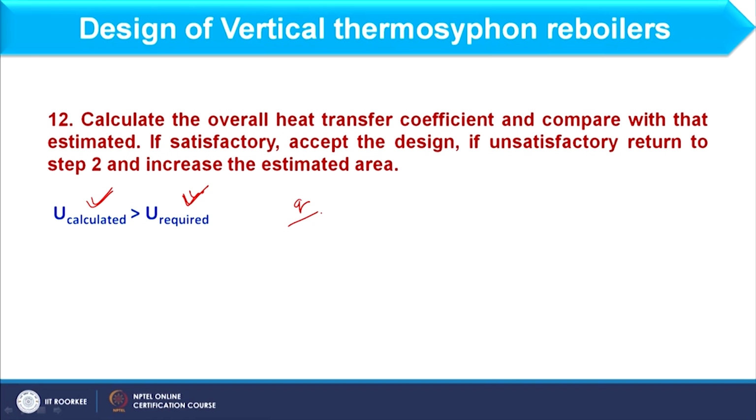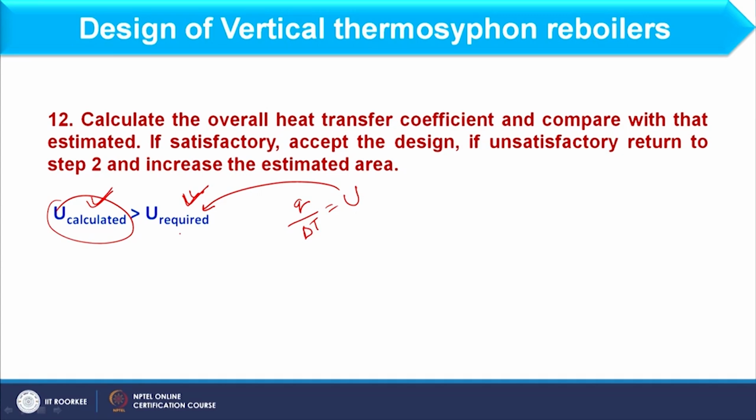So, the Q value you already know, and that should be divided by delta T mean. It will give me the U value, and this U value you can consider here. So, whatever U you have calculated, it should be more than U required. However, when I am considering a higher overall heat transfer coefficient, my area should be less, right.